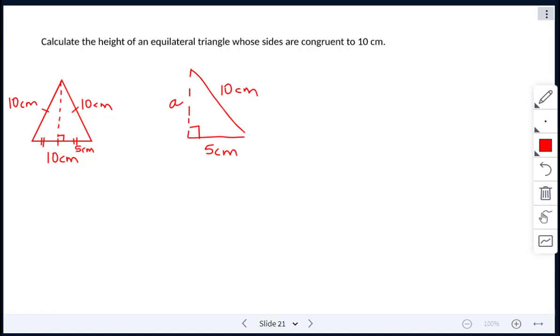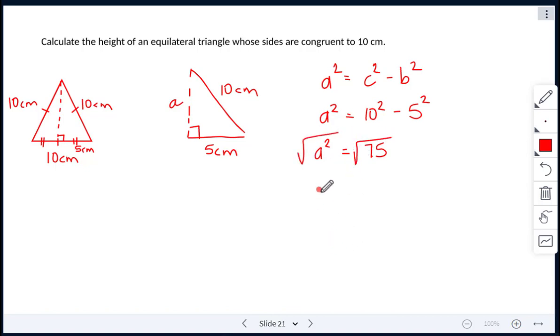All right, so solving for A then, we have our hypotenuse. It is 10 squared. So let me just write out the formula. So our hypotenuse, so 10 squared minus our base squared, so 5 squared. That gives me 75. Okay, and then we have to square root both sides, and that gives me 8.66, and it's going on 0.25 and so on.